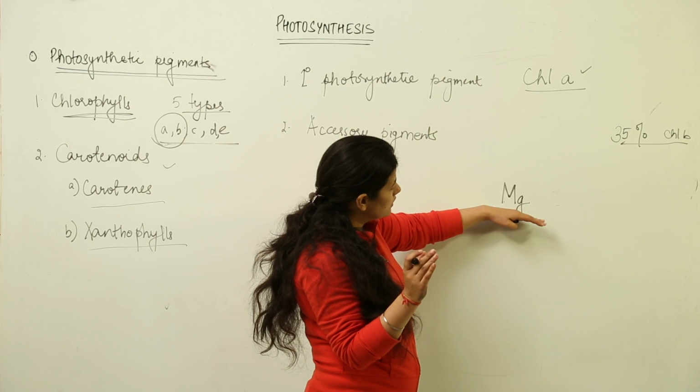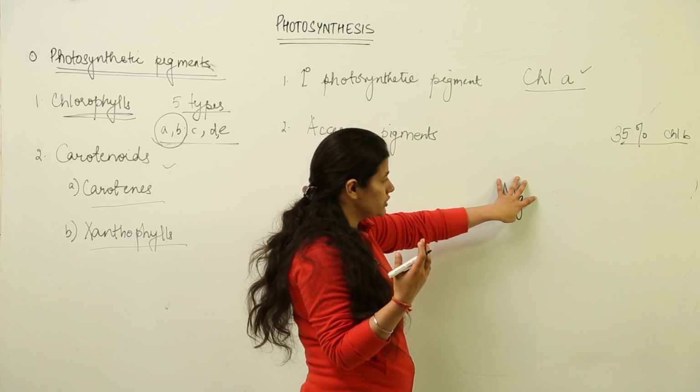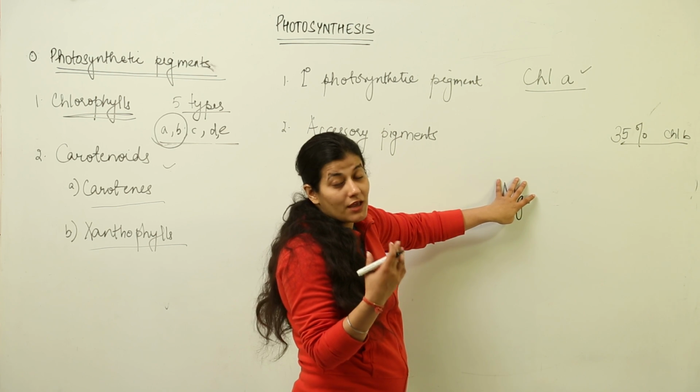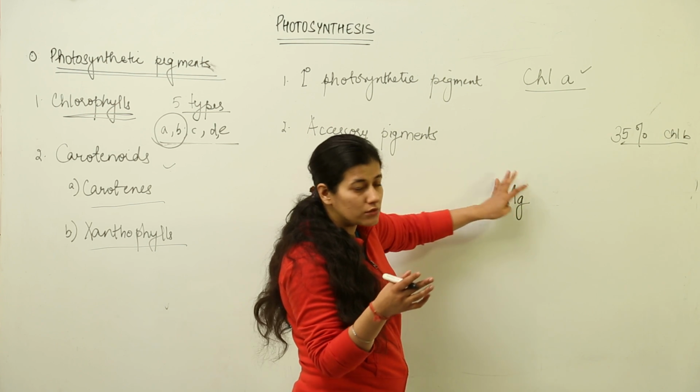So we are writing its chemical formula. We have put magnesium in the beginning. We have also talked about how if nitrogen is not present, then also leaves undergo chlorosis.